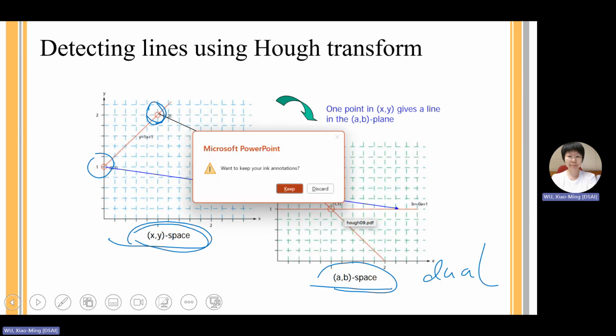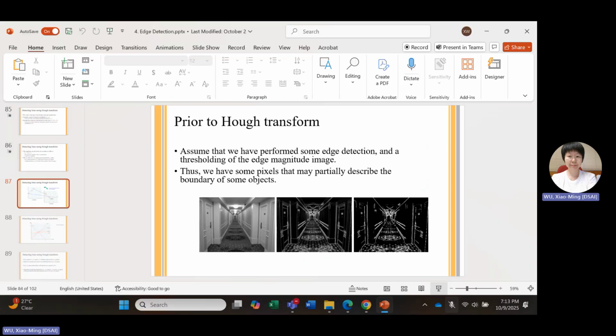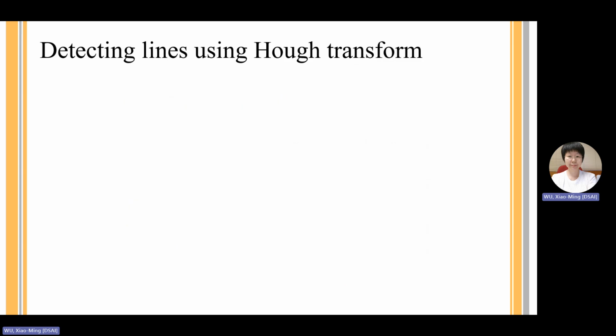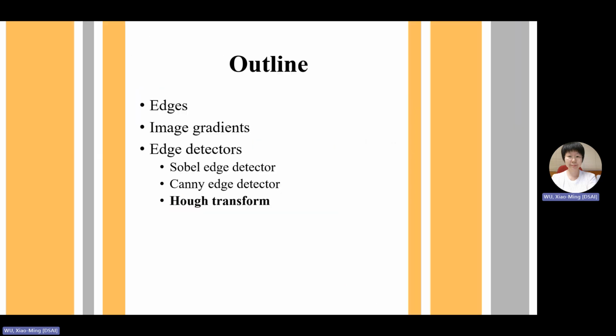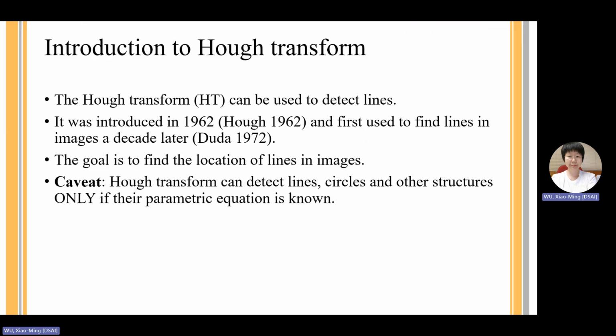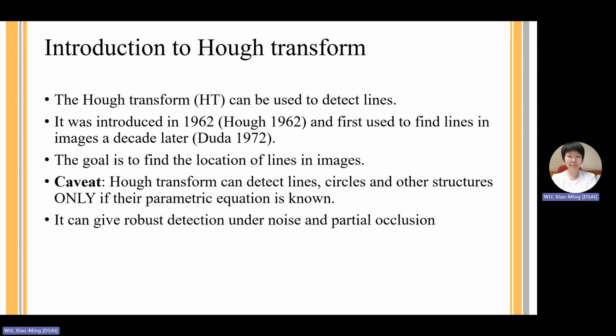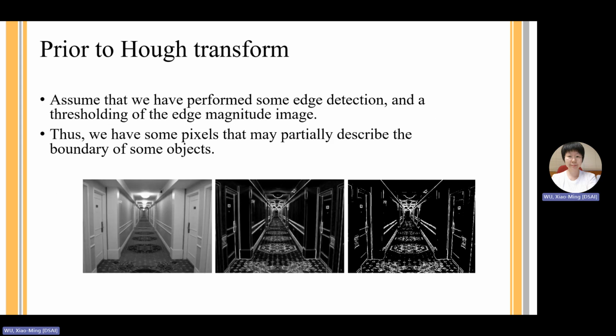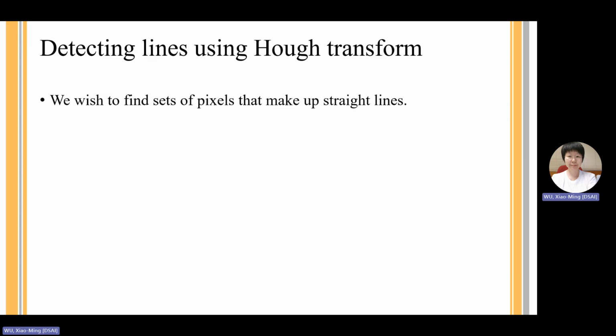So this is a little bit hard to comprehend, because the goal here is to find the set of pixels that belong to the same line.